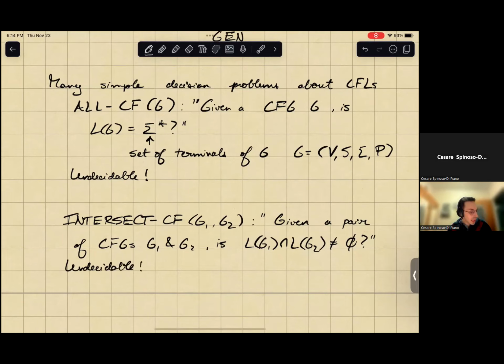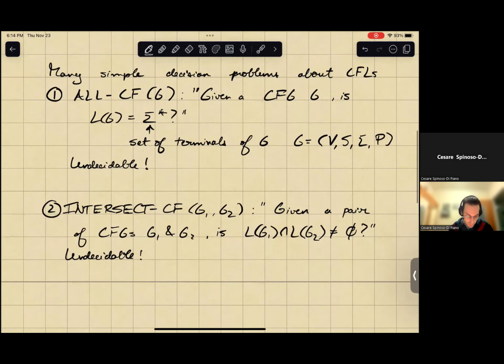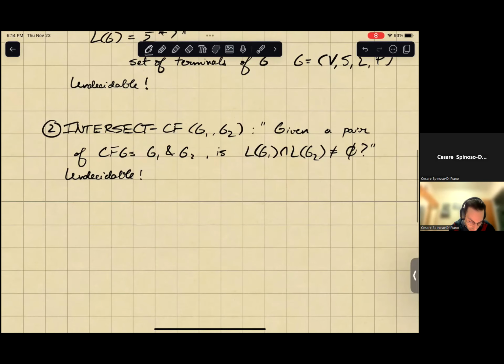Okay. And what we're going to do first, though, is start with the all CF problem. And we're going to show that the all CF problem is undecidable. So I'll end the video on that. I'll say that we will show that the all CF problem is undecidable.